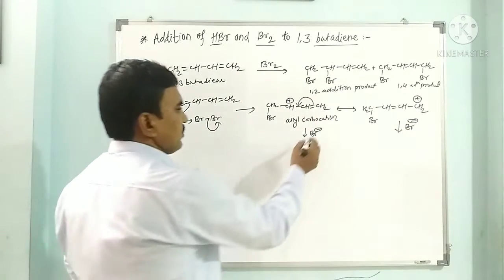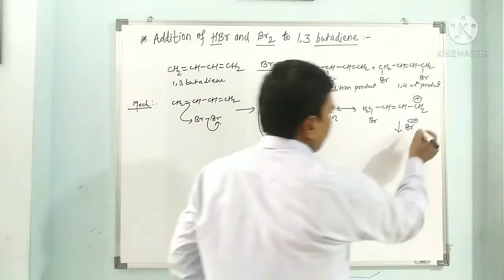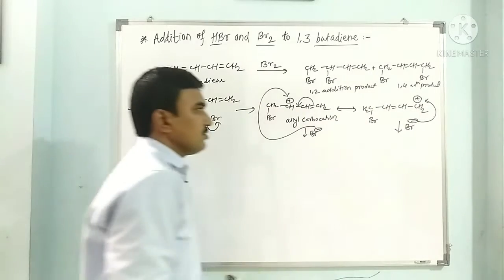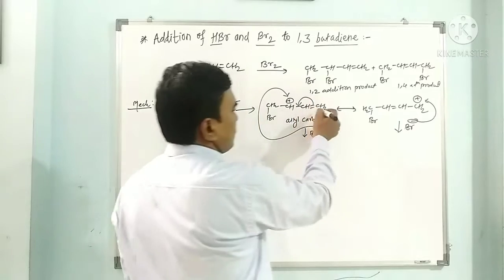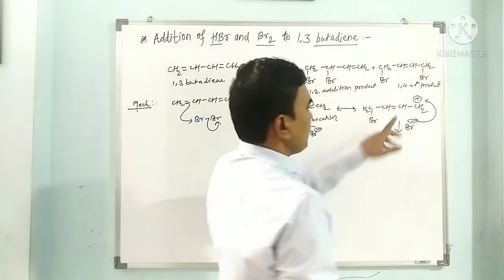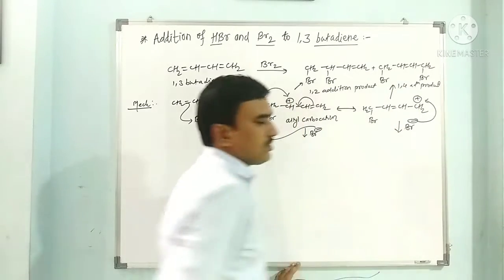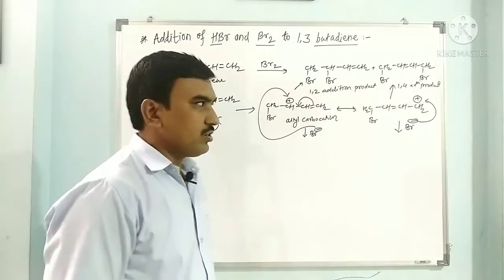When this reacts with bromide, it attacks on the electropositive carbon, and this also reacts with its electropositive carbon, and we get this product. When this bromide attacks here, we get this product, and when this bromide attacks here, we get this product. So in this way we get the 1,2 addition product and the 1,4 addition product.